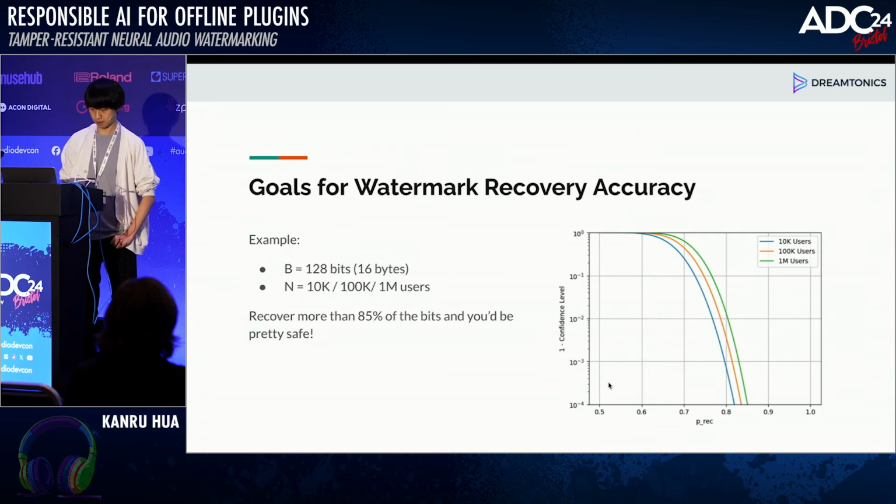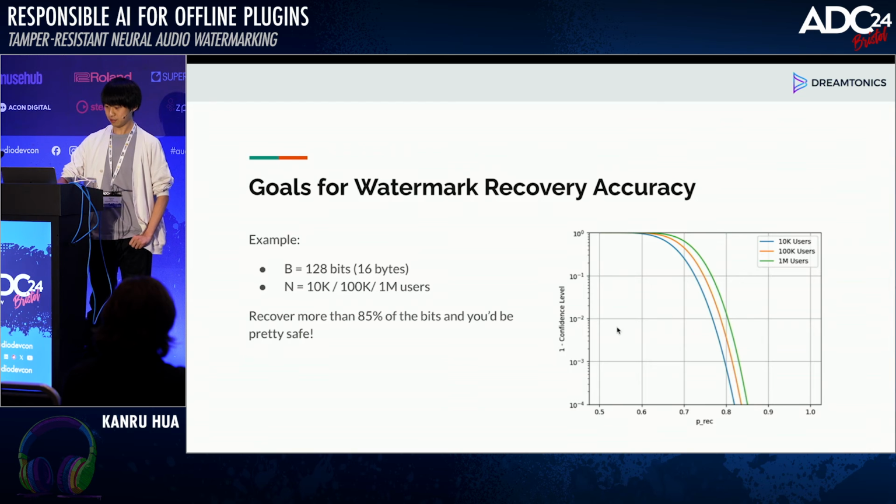If you have 128 bits for the watermark, we look at the cases where your plugin has 10,000 users, 100,000 users, and 1 million users. Look at the curves. This means if you have more than about 85% of the bits accurately recovered, with a pretty good confidence level, you can say who is actually doing the bad things.